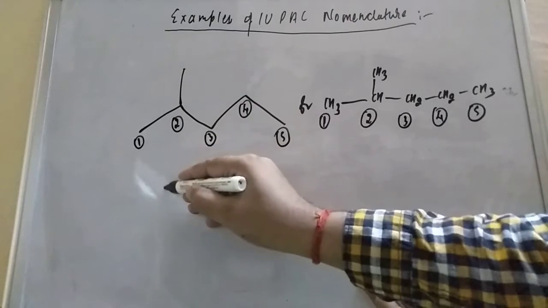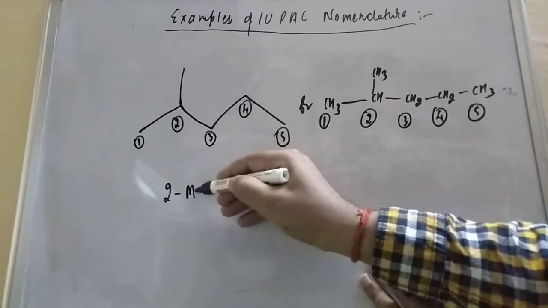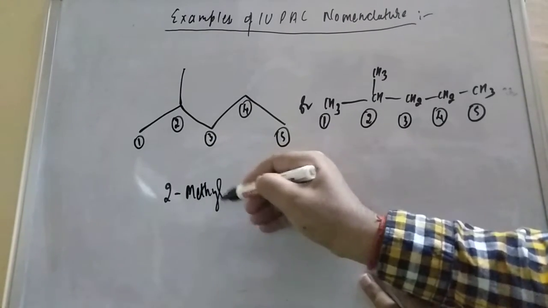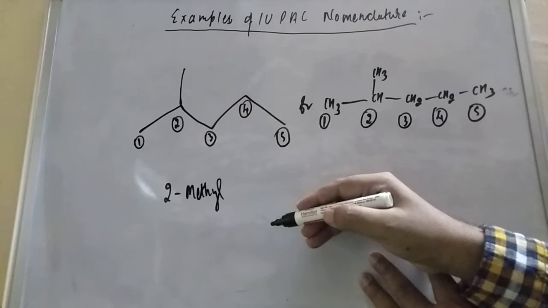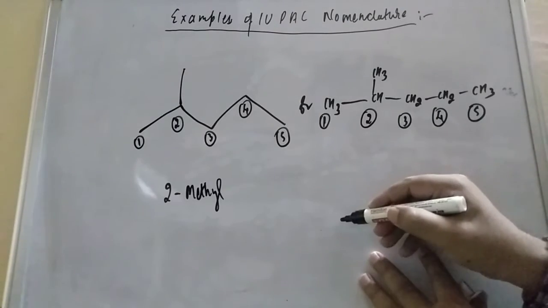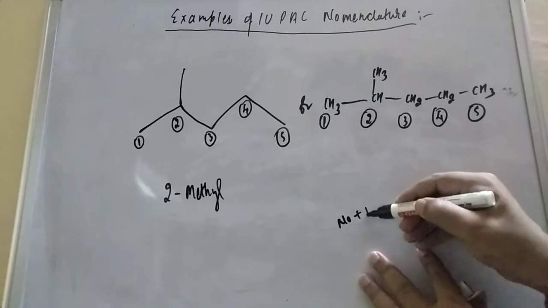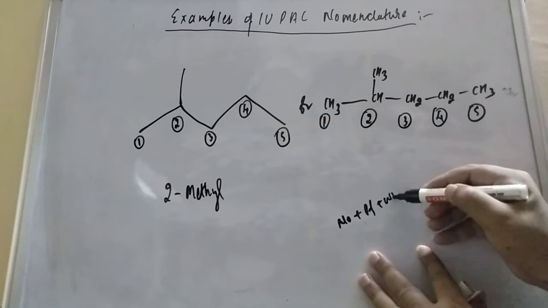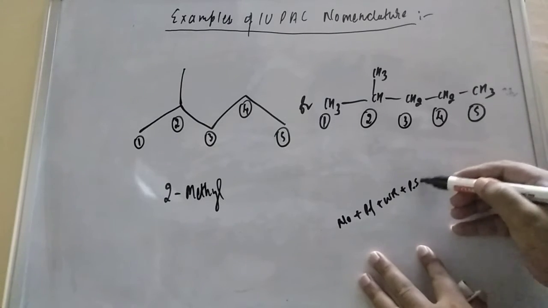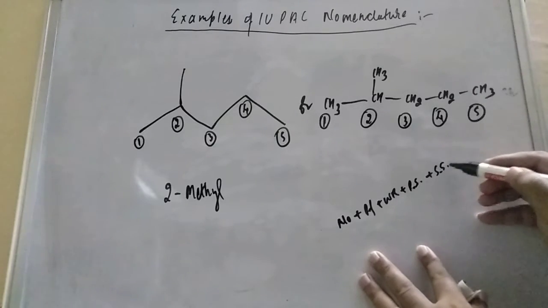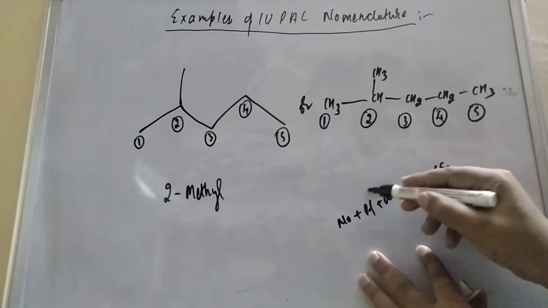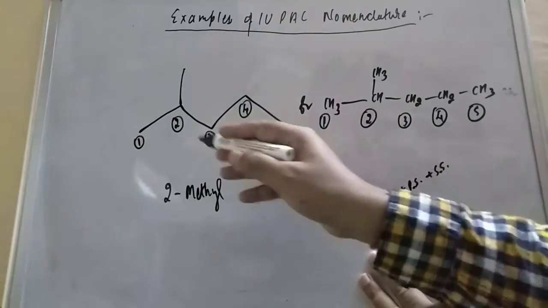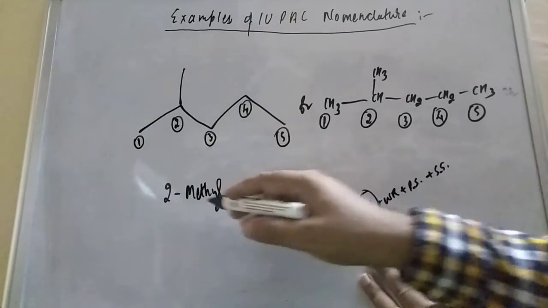On the second position there is a methyl, so 2 methyl. I told you, student: first numbering, then prefix, then word root, then primary suffix, then secondary suffix. Numbering is over, so we write the prefix, 2 methyl, then the word root.